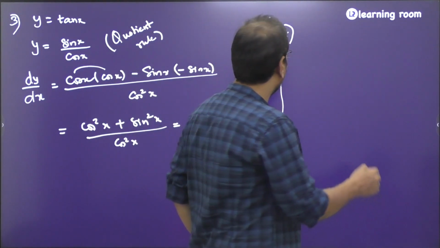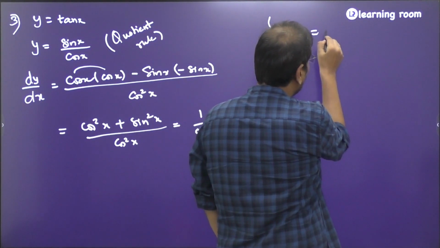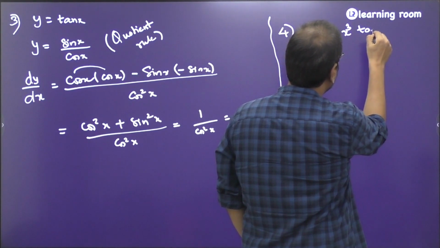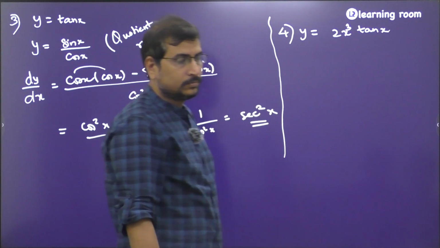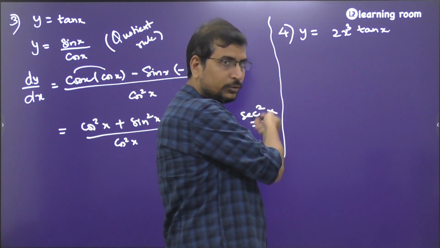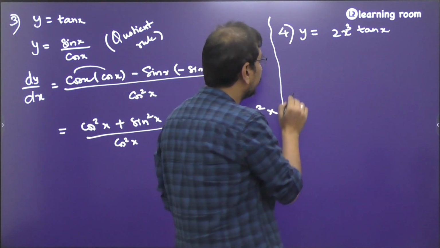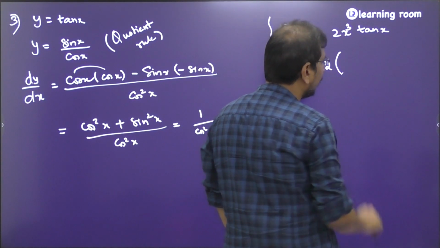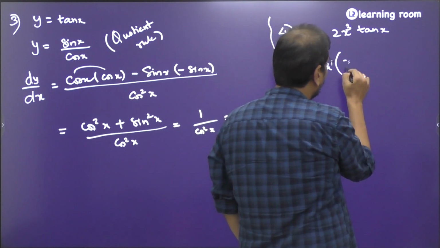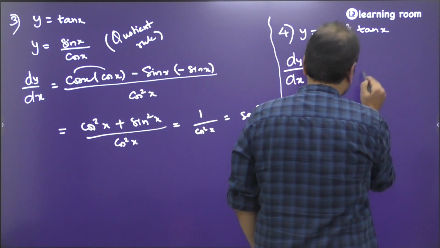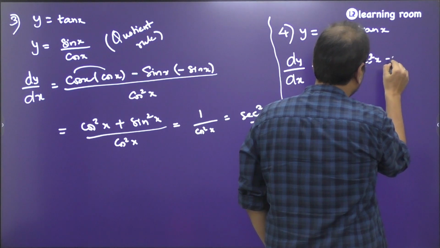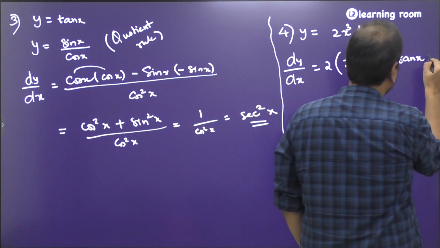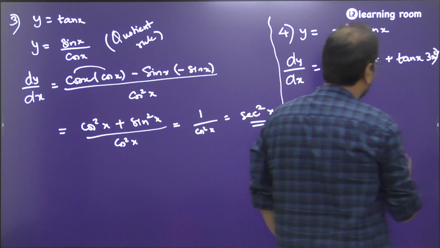So the next one is y is equal to 2x cube into tan x. Now, since you know the formula, here you can use secant square x. So dy by dx is equal to, 2 is a constant, I will not disturb it. x cube into derivative of tan x, which is secant square x, plus tan x into derivative of x cube, which is 3x square.